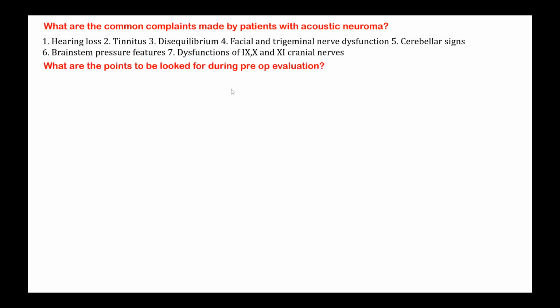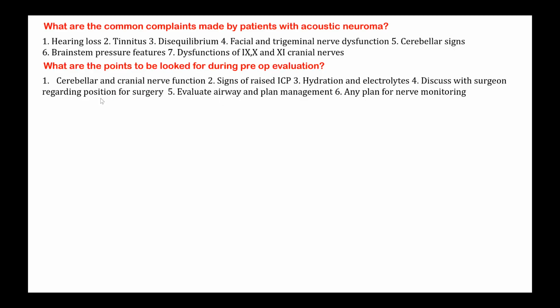The points we have to look for during evaluation of cerebellar and cranial nerve function have to be documented so that you see whether it has happened iatrogenically during surgery or was present even before that, especially from a medicolegal point of view. And any signs of raised ICP?